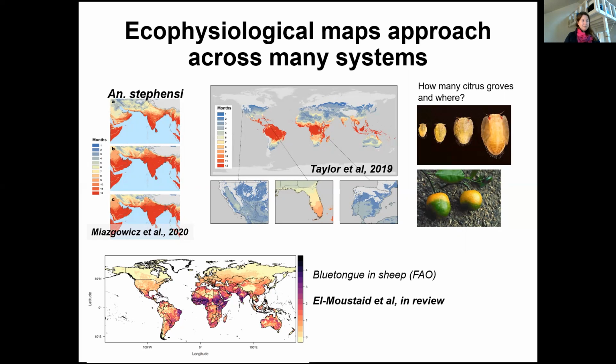On the bottom here, we have a map for bluetongue in sheep. This is a midge-transmitted disease, and we're thinking about sheep on the landscape. This is FAO data with sheep densities instead of human population densities. This is great because this is one that actually does have vaccine-preventable interventions.